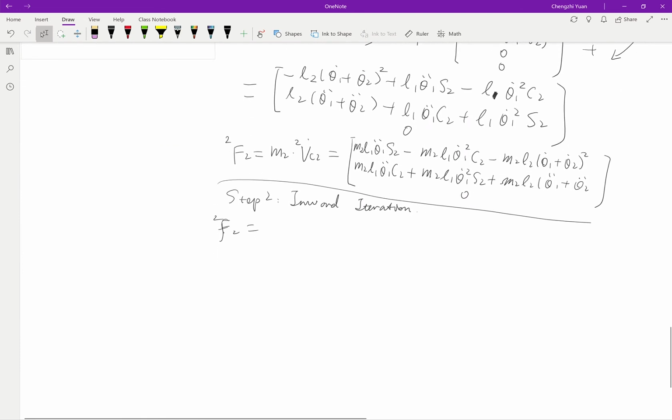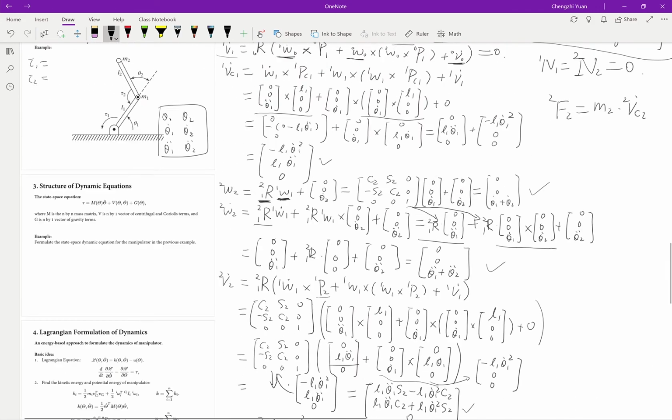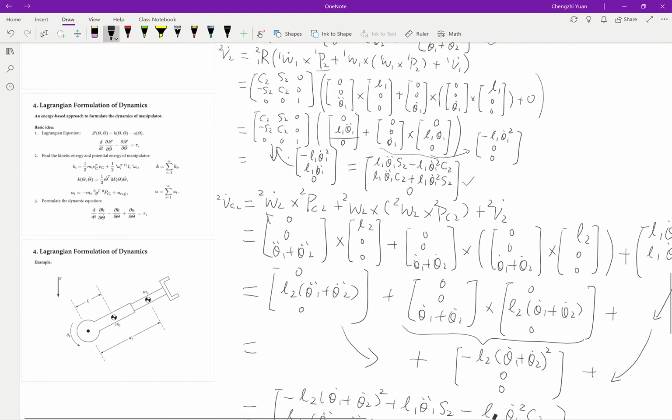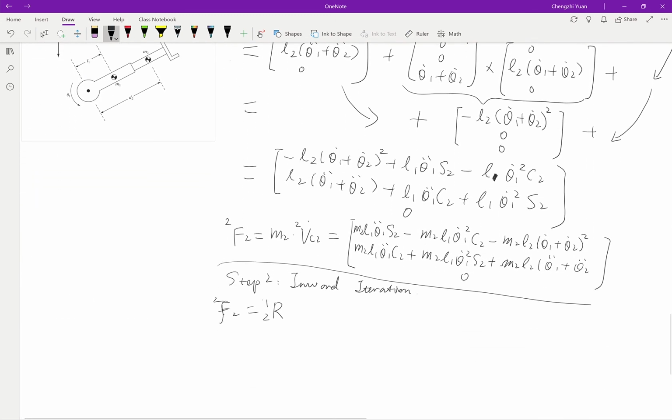In this case i is equal to 2, so it's R23, sorry, times F33 and then plus capital F22.